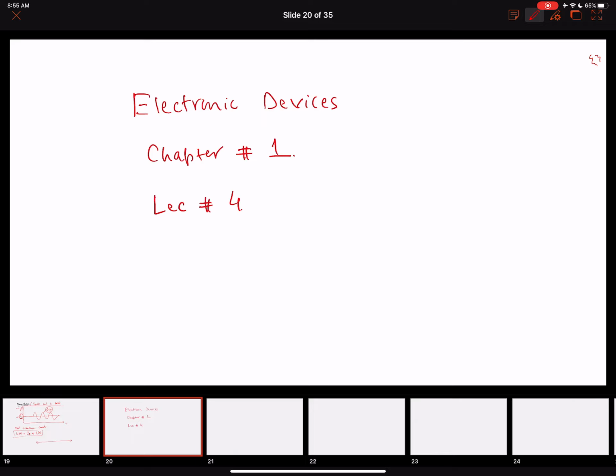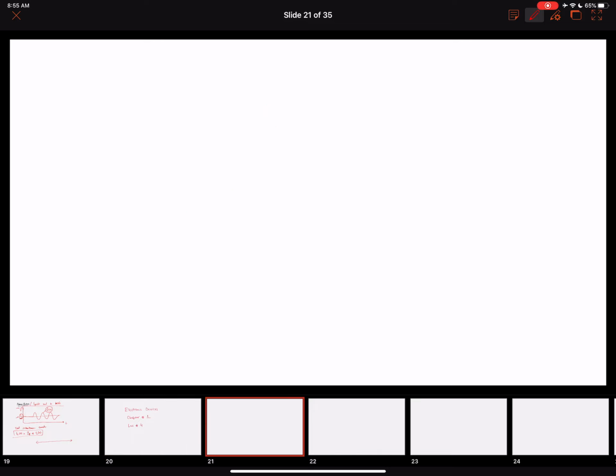Okay, so in today's lecture, we are going to talk about the circuit model of amplifiers. So what we will do in this lecture, we are going to first make an equivalent electrical model of an amplifier.